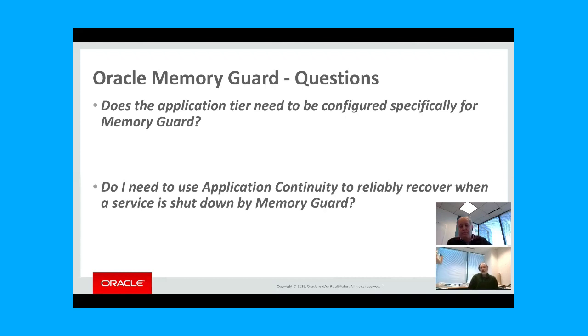Right. That's a really good question, and it currently constitutes a weakness in memory guard, or a lack of feature. If the primary consumer of memory on the box is not an Oracle application, as described, an FTP process and so on, there's nothing memory guard can do that's helpful there.